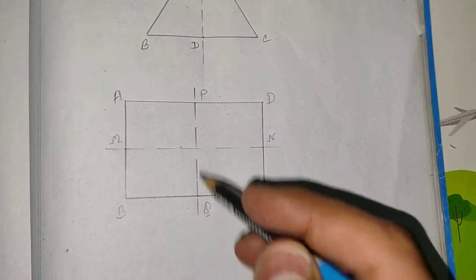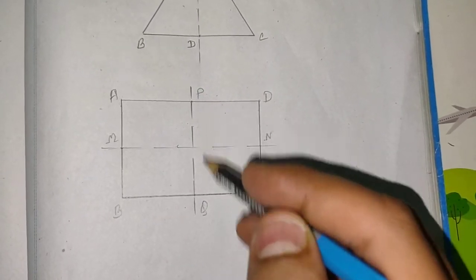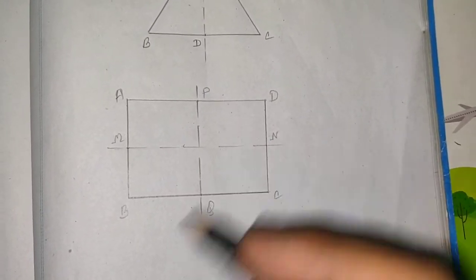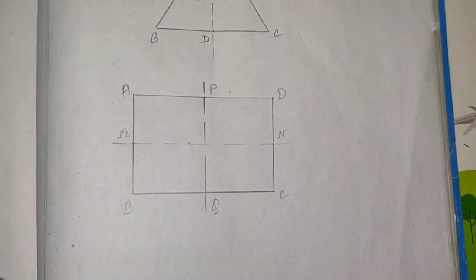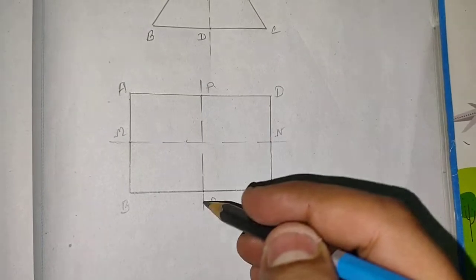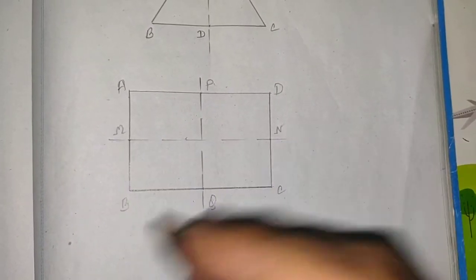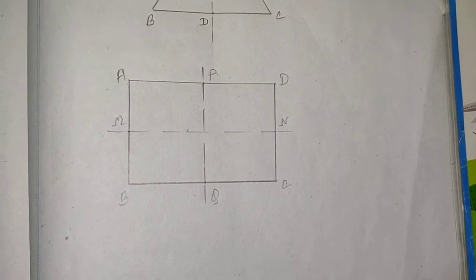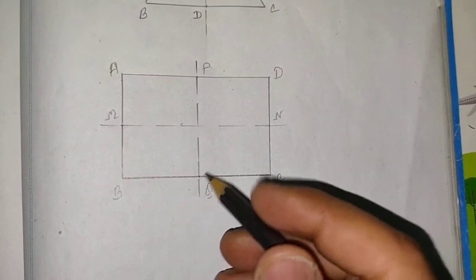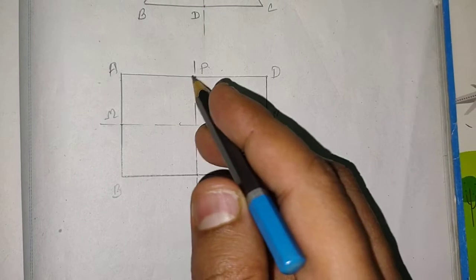Also, if we divide along this line, we also get two equal halves. So this rectangular figure has two lines of symmetry, one is PQ and the other is MP, and we can get the lines of symmetry by joining the middle points of the two opposite sides.